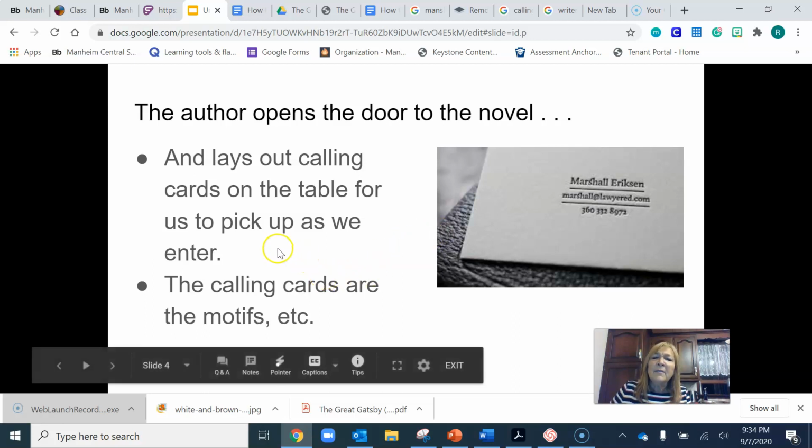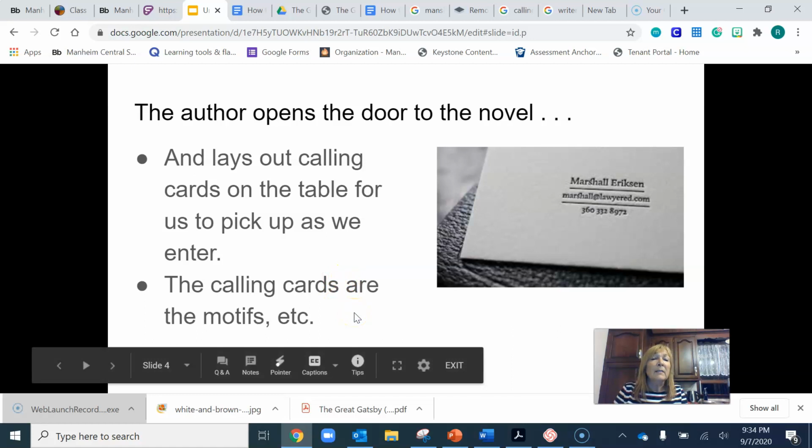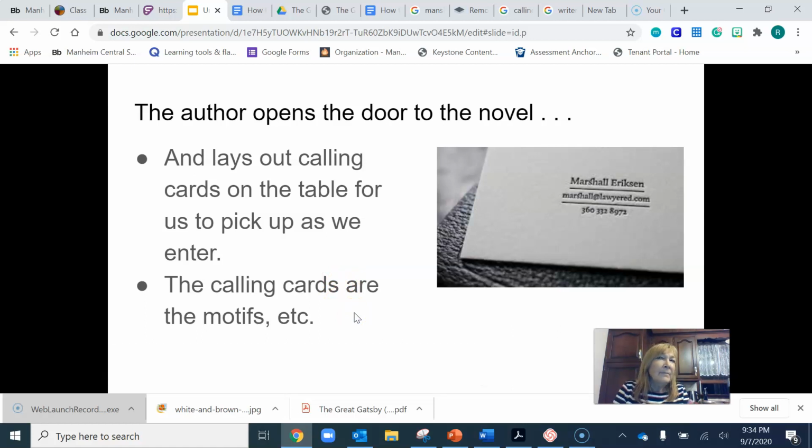So instead of leaving their name, authors leave a calling card with a motif on it or a mini theme on it. And those cards are going to be lying about the house, the pages of the book, for us to pick up.